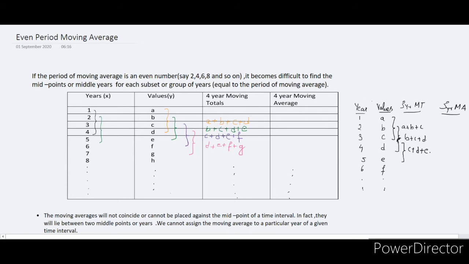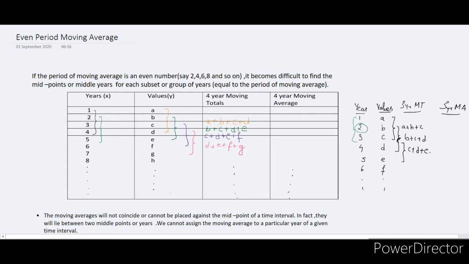Now if we compare that with the 3-year moving average, these are the years. Because we are taking a 3-year moving average, we will divide the years into groups of 3 each. So for the first 3 years, year 1, 2, 3, we add the values, and from here it is easy to see that year 2 is the middle year.